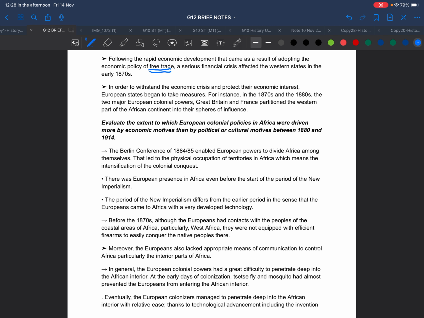It was the last phase of the transatlantic slave trade. The first was piratic, the second was monopolistic slave trade, and the third was free trade. A serious financial crisis during the third phase affected the Western states in the early 1870s.